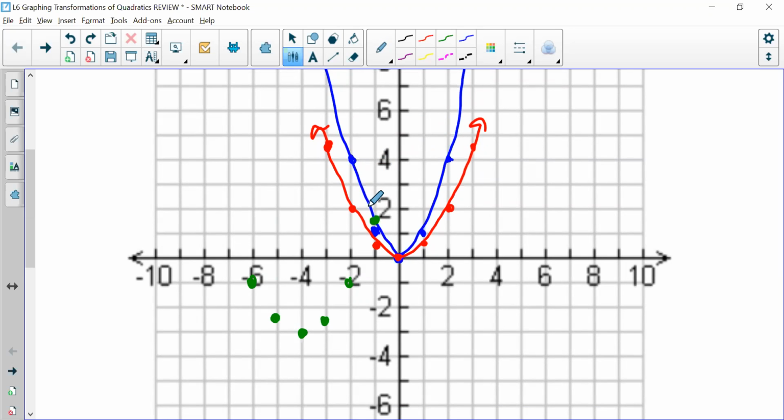Oh, it gets a little jumbled there. That's okay. Okay, here is shifting all the points. And doing that one more time, just looking at the pattern.